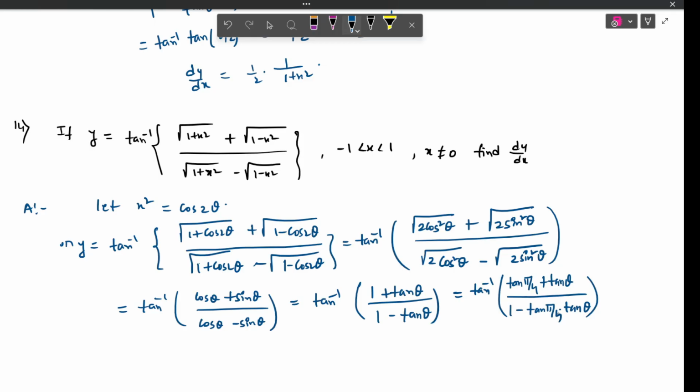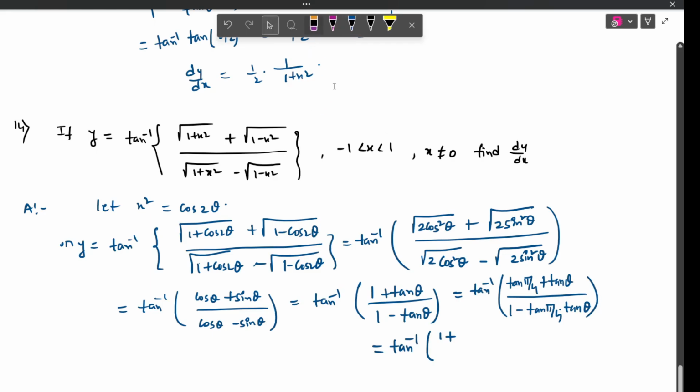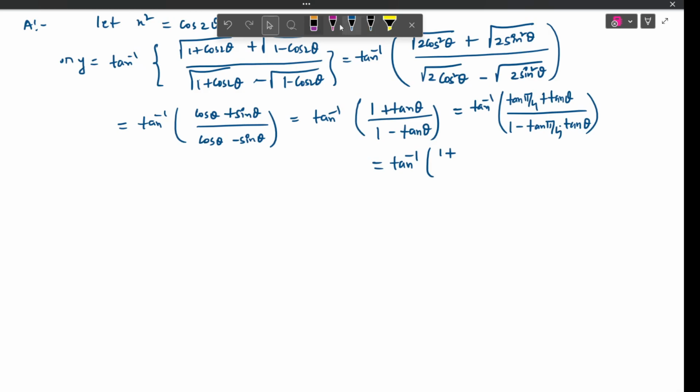This is in the format tan A plus tan B divided by 1 minus tan A tan B. So you'll get tan inverse of tan of A plus B. Tan inverse of tan of pi by 4 plus theta is pi by 4 plus theta. So we can say this is pi by 4 plus theta.